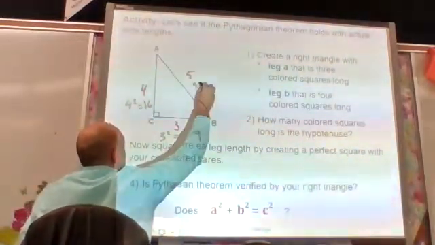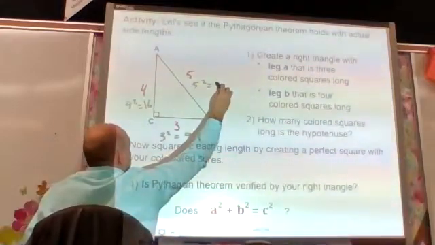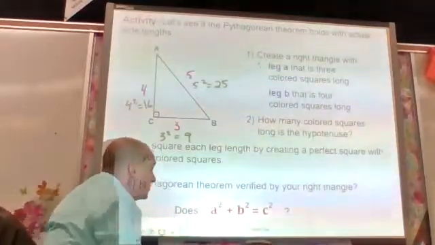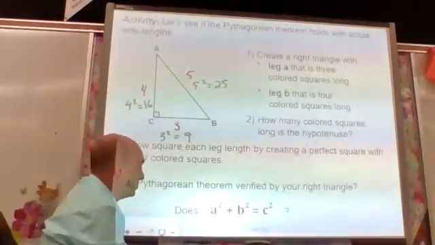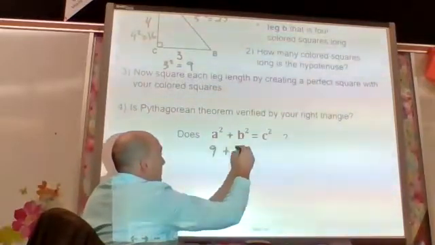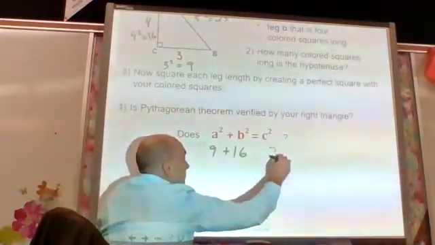And 5 squared equals 25. Does a squared plus b squared equal c squared? Is 9 plus 16 equal to 25?